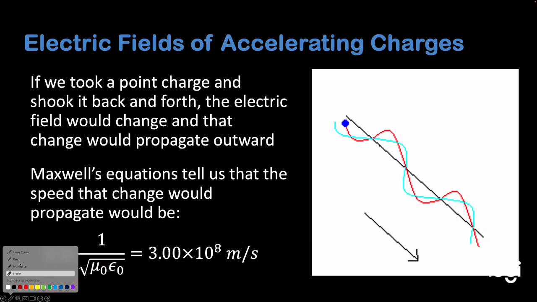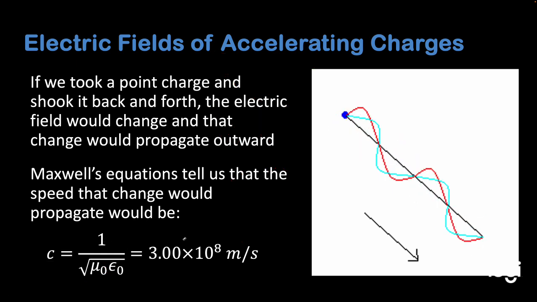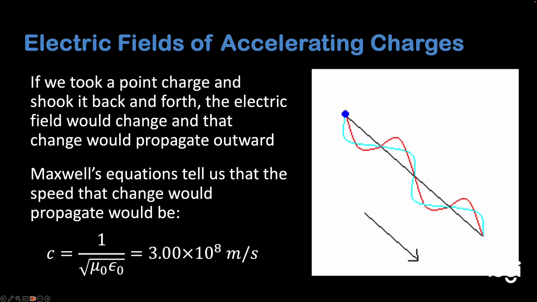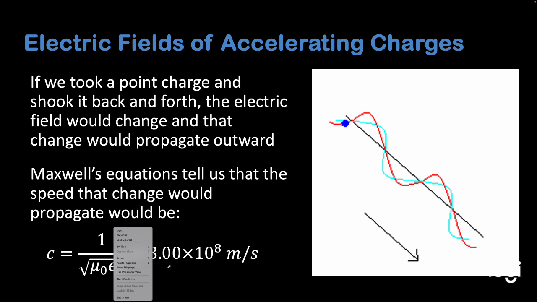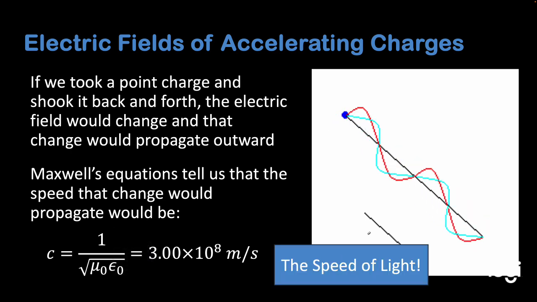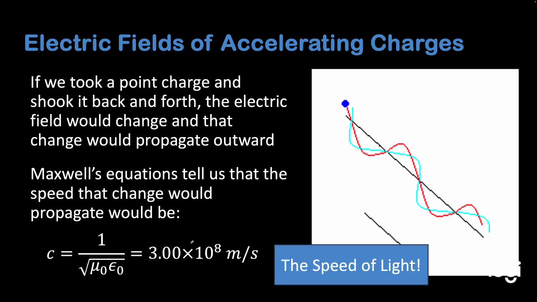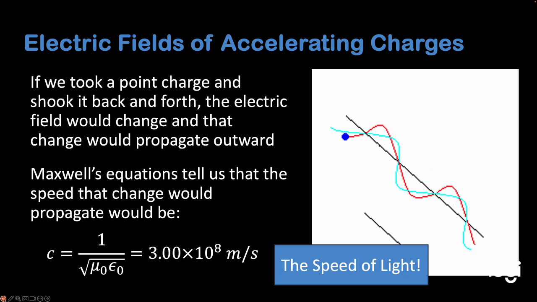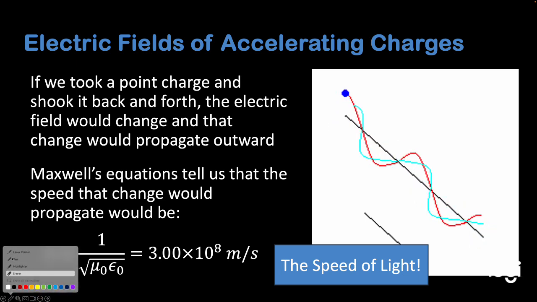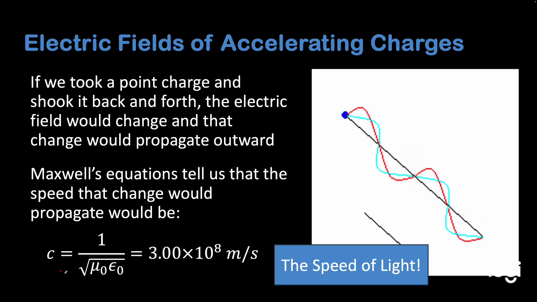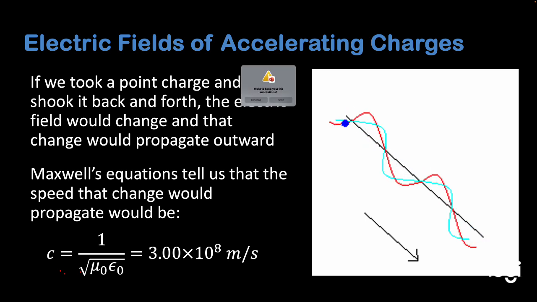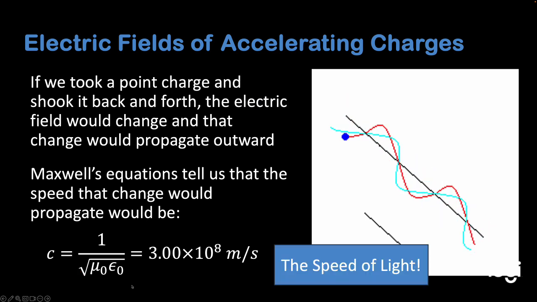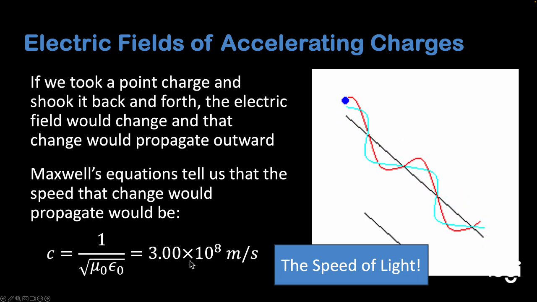And that speed is actually the speed of light. So that's what we're actually talking about here: this is the speed of light, and this is how fast this propagates out.